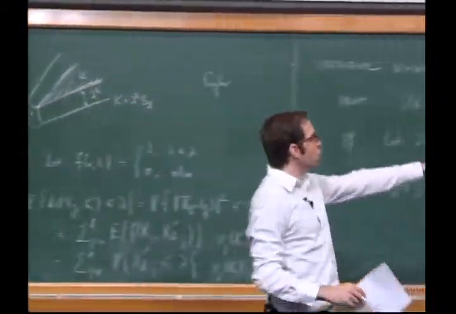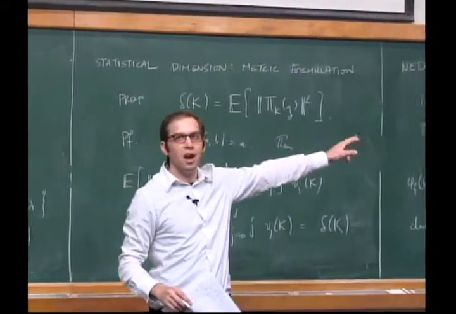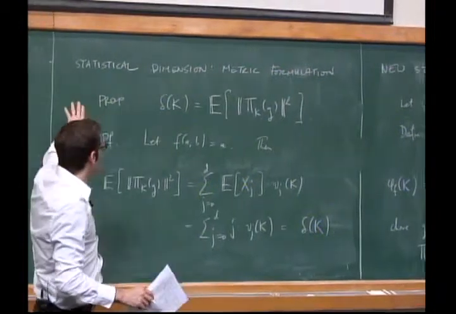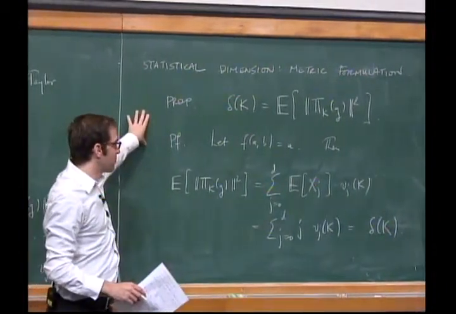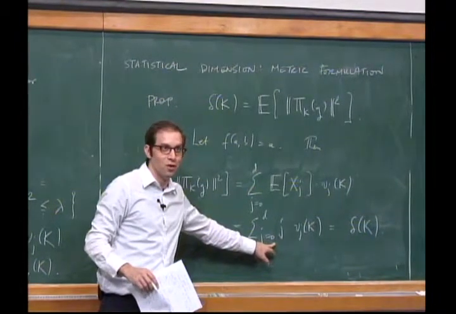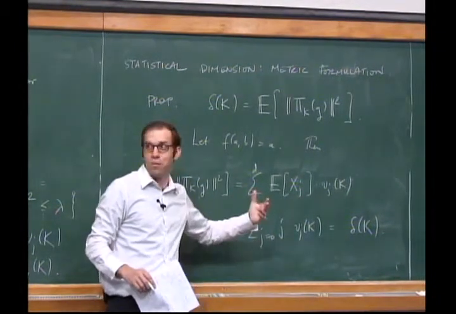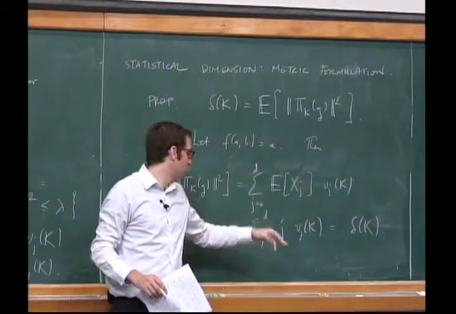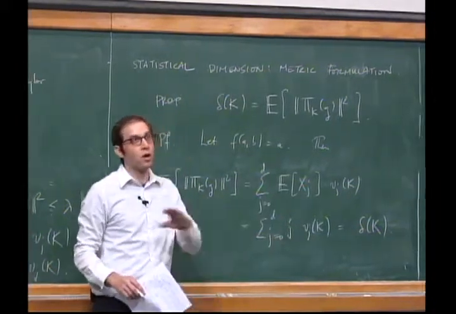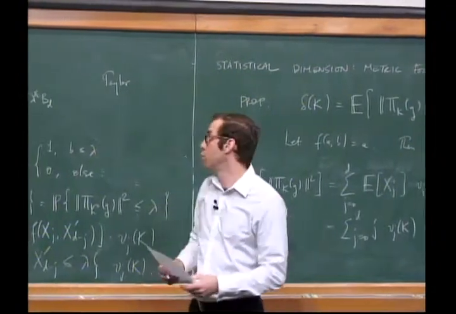As I said before, you should think about this as a moment of this random variable vK. So here we saw that this is really the first moment of the sequence. You can look at the second moment, which is the variance. So in that case, you'd have a j squared here. Other things like that.